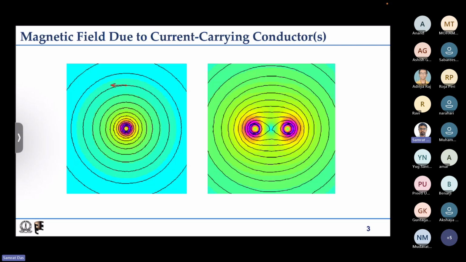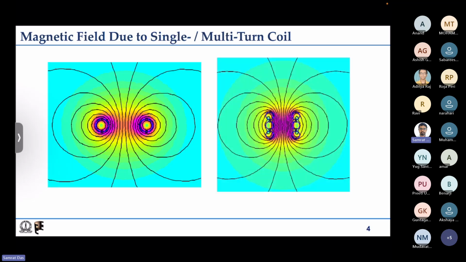We saw the case of two current carrying conductors carrying current in the same direction. Then we saw two current carrying conductors of opposite polarity side by side, and the field due to that. And then we saw three such cases placed side by side.